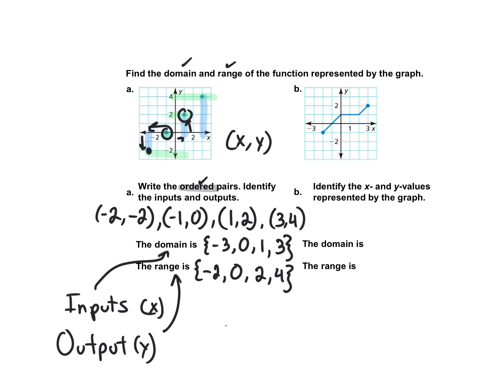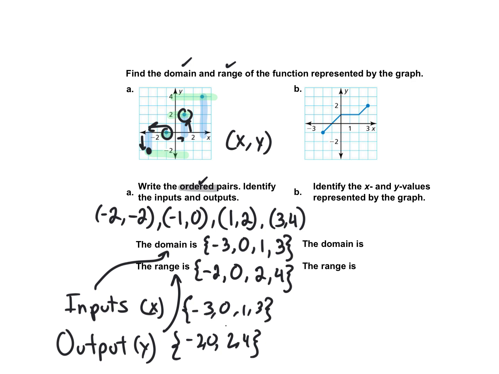Now, if you were to have it on a quiz or a test, I would prefer for you guys to actually write the numbers, -3, 0, 1, 3, and -2, 0, 2, and 4. For right now, I just want you to understand the inputs is the x and the outputs is the y.